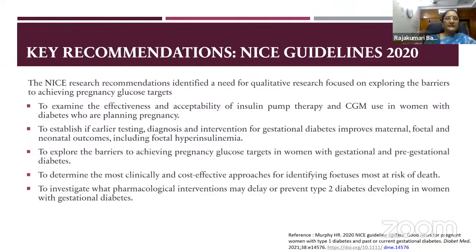To explore the barriers to achieving pregnancy glucose targets in women with gestational and pre-gestational diabetes. To determine the most clinically and cost-effective approaches for identifying fetuses most at risk of death. To investigate what pharmacological interventions may delay or prevent type 2 diabetes developing in women with gestational diabetes.